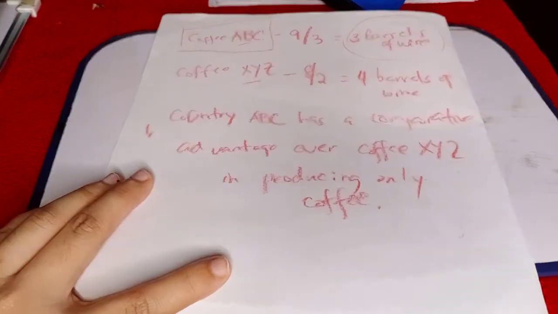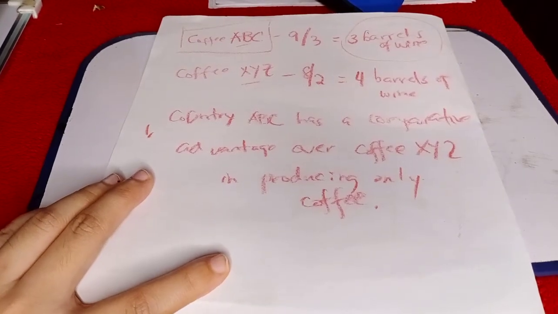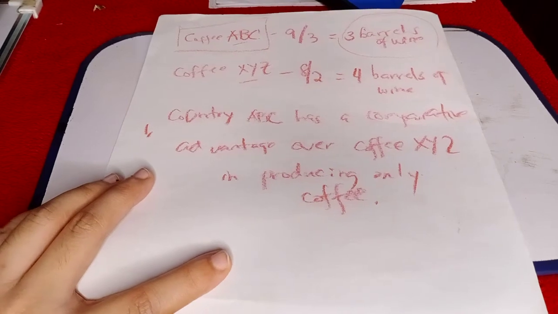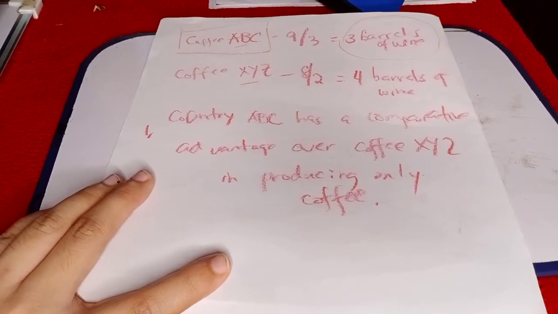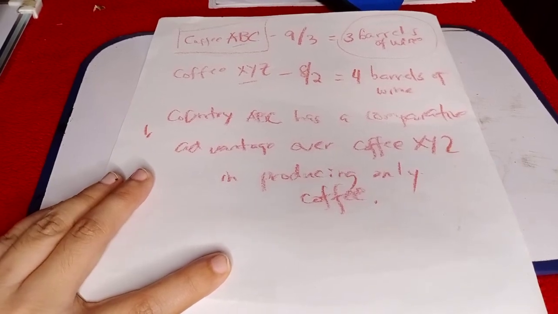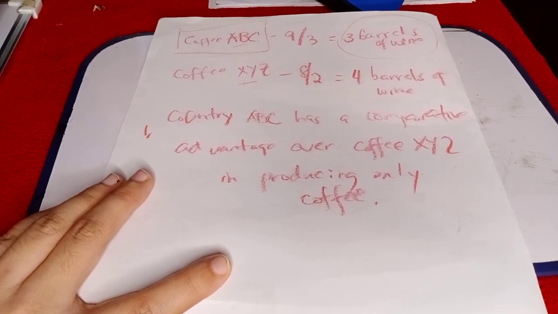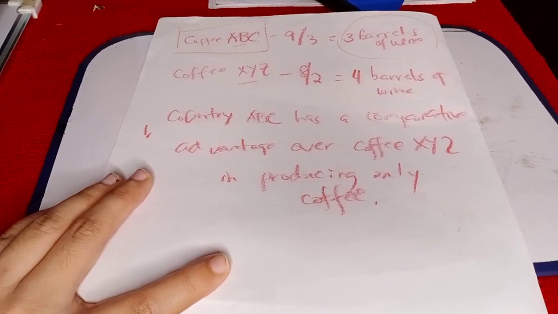So that is how we are going to identify which countries have more products to produce in terms of comparative and absolute advantage. Okay. Thank you.